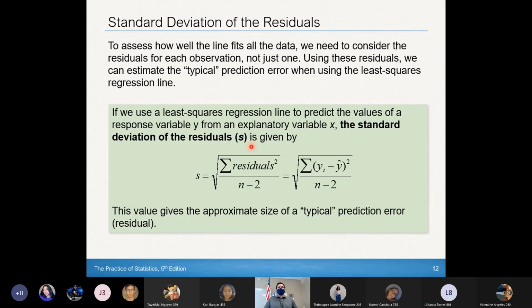Again, please don't try to calculate this by hand. We can get this value from our calculator. This value gives the approximate size of a typical prediction error or residual. So, as I said, we can get this in our calculator, and that's what you should do.